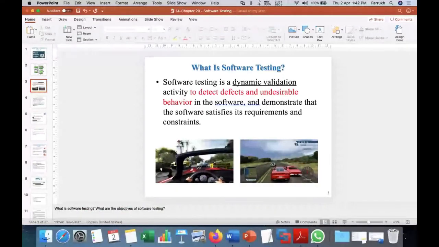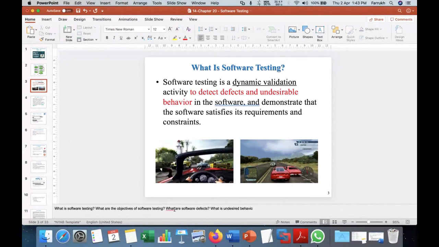Let me write here the question once again. What are software defects? What is undesired behavior of the software?